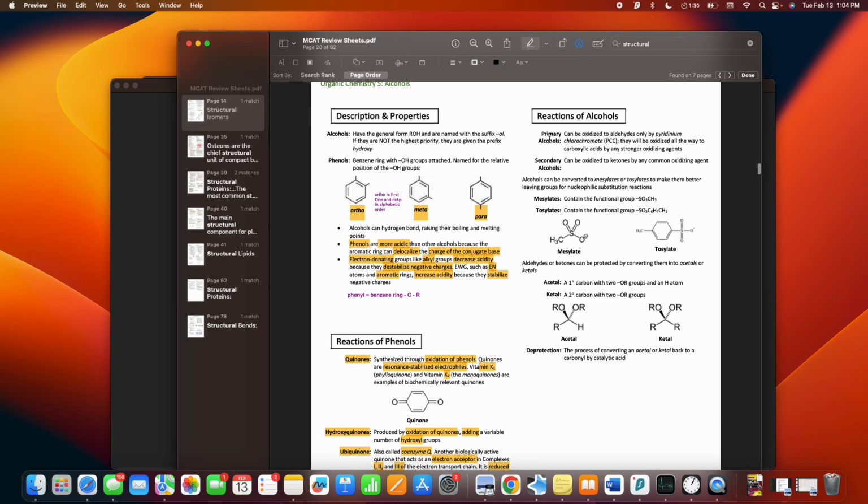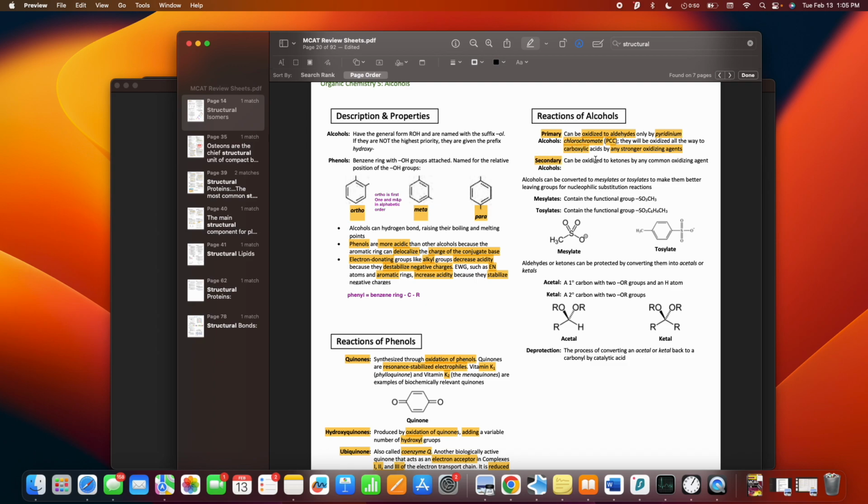Reactions of alcohols: primary alcohols can be oxidized to aldehydes only by pyridinium chlorochromate, PCC. So you can only oxidize primary alcohols to aldehydes by PCC. They will be oxidized all the way to carboxylic acids by any stronger oxidizing agent.